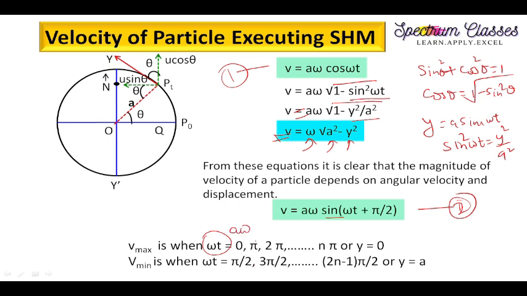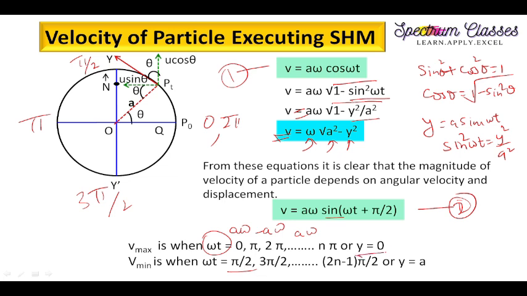For pi, it is minus a omega. And for 2 pi, it is again a omega. But these are the values for 0, pi and 2 pi. What about pi by 2 and 3 pi by 2? For pi by 2, it is 0, because if I replace omega t by pi by 2, then cos pi by 2 will be equal to 0.